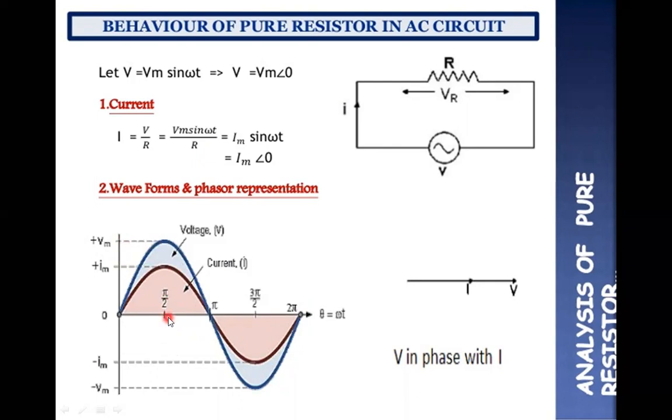This is in radians, pi by 2, pi, 3 pi by 2 and 2 pi, and this will be minus I max and this will be minus V max. So from here we can understand that the voltage and current are in phase with each other.